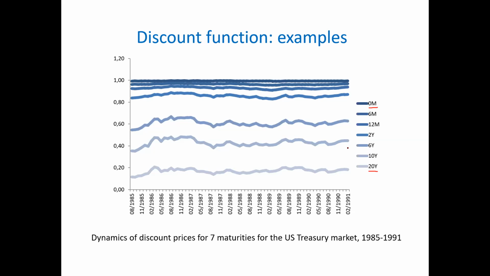But now look at the long-term discount price. This one, 20 years to maturity. You see that it's indeed also volatile, but it's a little bit less volatile than the 10-year discount price or the 6-year discount price. How would you explain this?